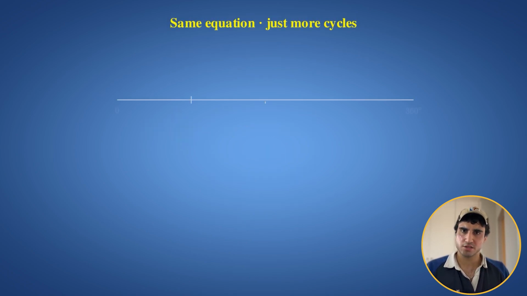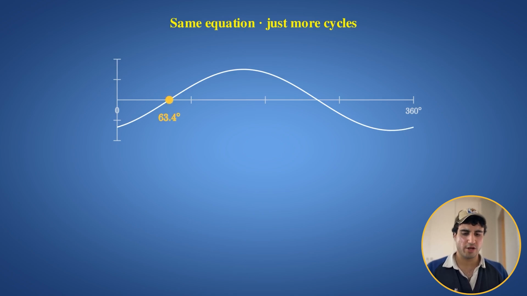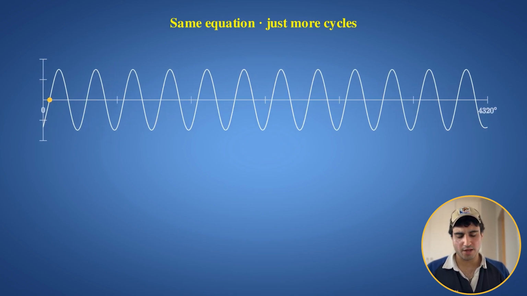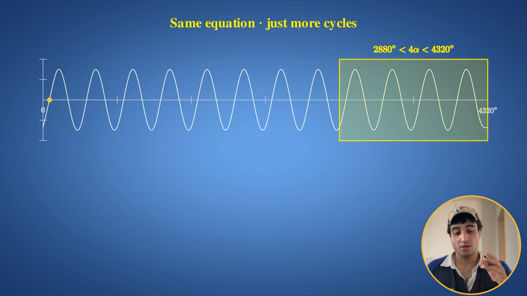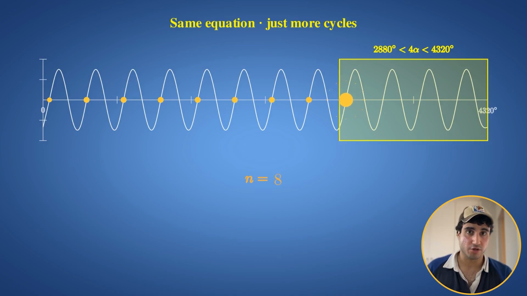But the key thing is, considering it's the same equation, just stretched on the angle side, for 4 alpha being between 2880 and 4320, we need to ask what needs to be added to 63.4 to get us in that range. That is going to be 8 times 360, because remember, we have a periodic cycle of 360 degrees.